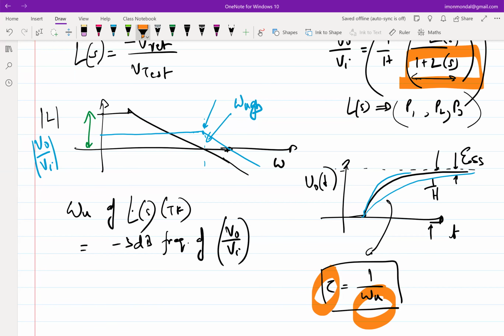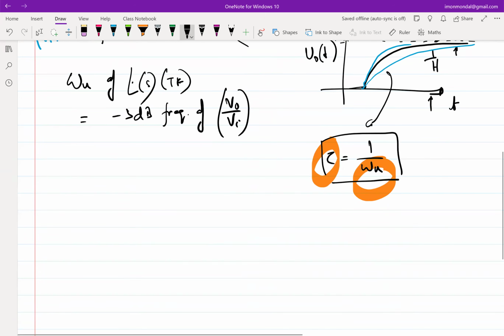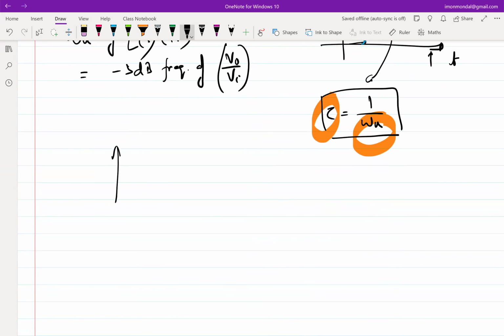The other thing that is also extremely important is if you put a system in negative feedback, a high gain loop in negative feedback, it can become unstable. A first order system never becomes unstable, but a higher order system can. And the reason of instability is, let's say I draw multiple poles.